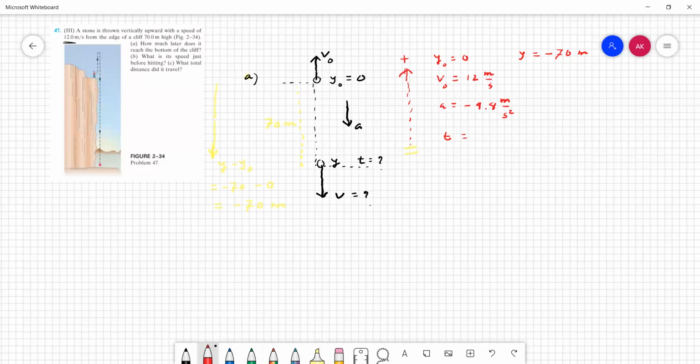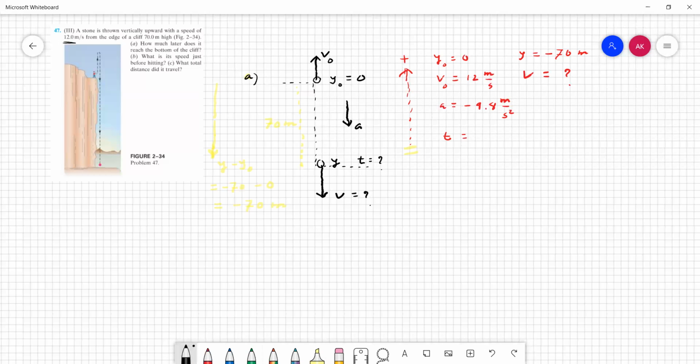Okay, so now v, with which it strikes the ground, we don't know. But we expect that if we take upward direction to be positive, the final velocity should come out to be negative. Now we would like to find which kinematics equation we can use to solve the problem.